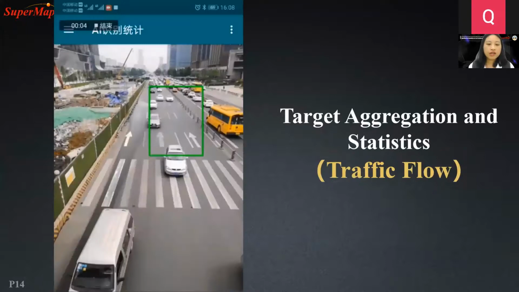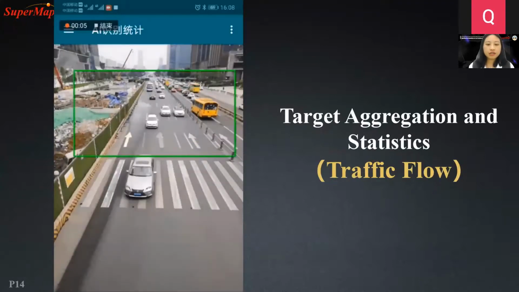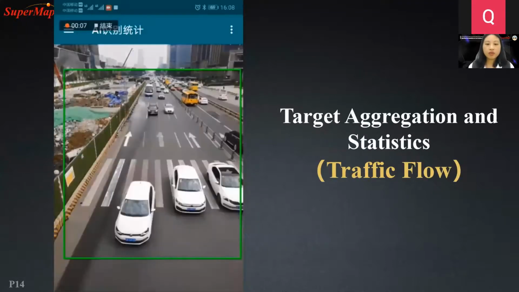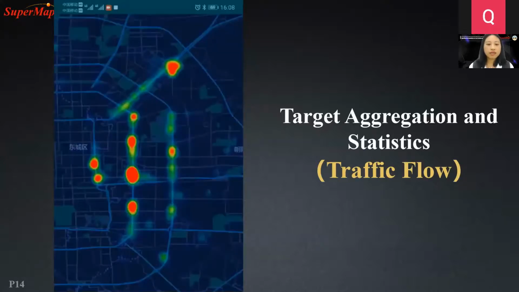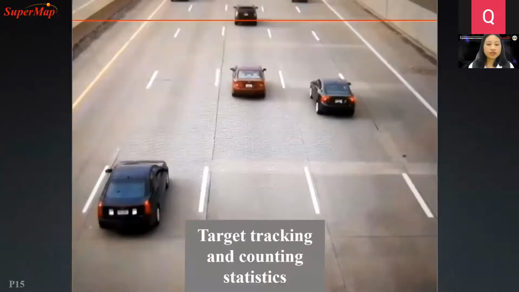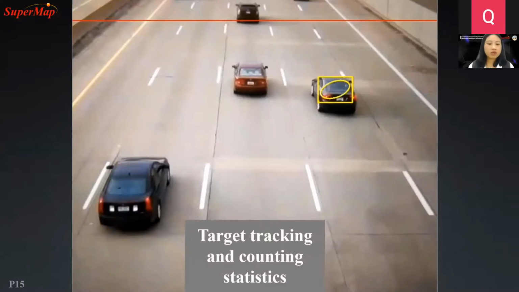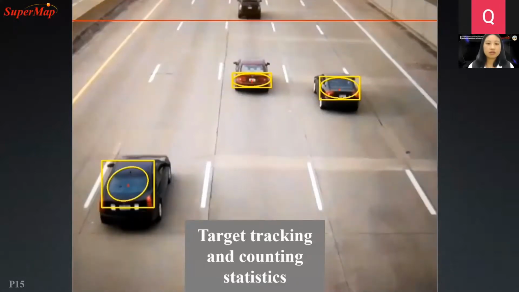With target aggregation and statistics, we can monitor the traffic, compute traffic flow, and finally display the traffic conditions with the heat map. Through target tracking, we can monitor the specific vehicles and get their tracks.